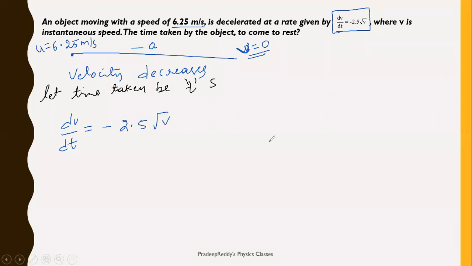Okay. Now I'll do some mathematical modifications in order to integrate this. I want to find out the final time taken. So I simply bring this root v term to the other side, so dv divided by root v is equal to minus 2.5 into dt. I'm just doing some mathematical alteration.